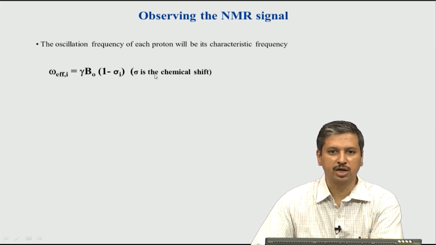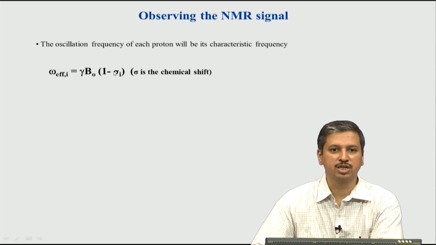We will see chemical shift in more detail later, but right now what is important is that the chemical shift is a parameter which makes the spins have a frequency different from gamma B0. Suppose sigma is 0. If sigma is 0, then omega is equal to gamma into B0.